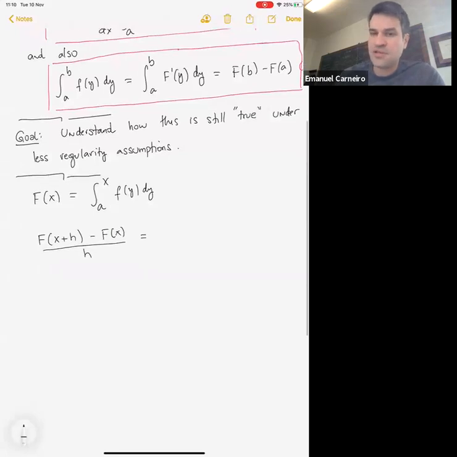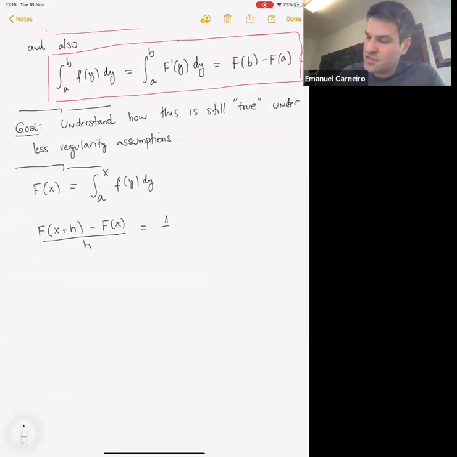If you put this in the integral, what this will be is just 1 over h, and then you will take the integral from a to x plus h minus the integral from a to x. So what's going to be left is just 1 over h, the integral from x up to x plus h.